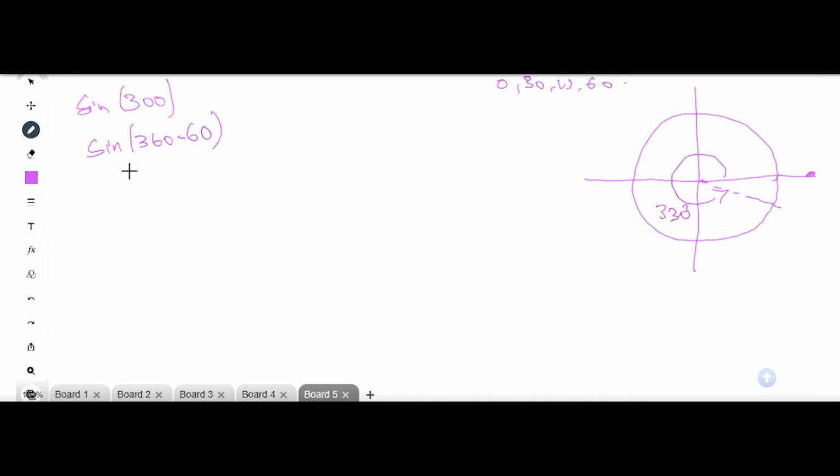So how do you do this? Sine in the fourth quadrant is negative, so it is negative sine 60, and sine 60 is root 3 over 2. With a negative next to it, it would be negative root 3 over 2.